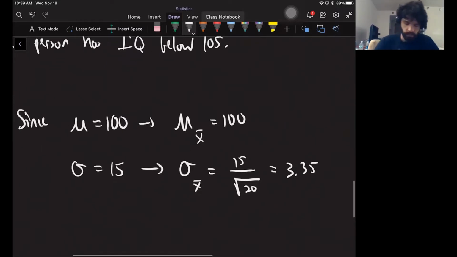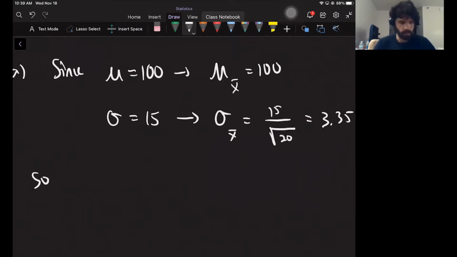So now we can build that normal distribution that we built last time, but now we'll put the fancy name on it.